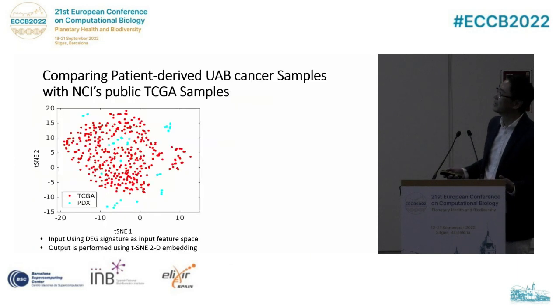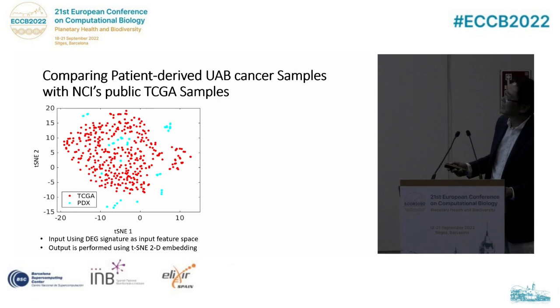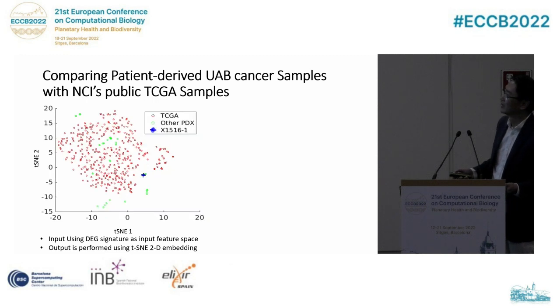So what are some of the interesting things that we can do? For example, you can see that these cyan-colored points are patient-derived xenograft models sequenced from UAB. When we embed them, they're distributed around the neighborhoods of TCGA samples. There's one particular one called X1516-1, and it's in a neighborhood.